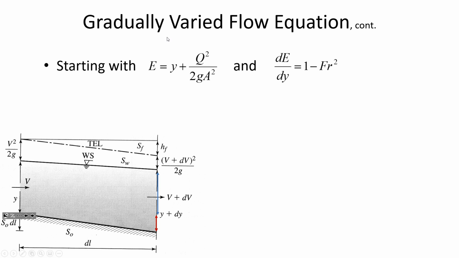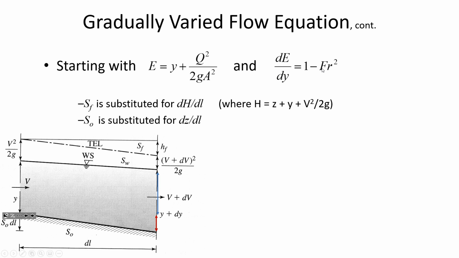So we look at the specific energy, both upstream and downstream. Remember, by specific energy we mean the depth plus the velocity head. And the change in specific energy with respect to depth is 1 minus the Froude number squared. Then we're going to look at the different slope of the energy grade line, the different water surface slope, and the bottom of the channel slope.